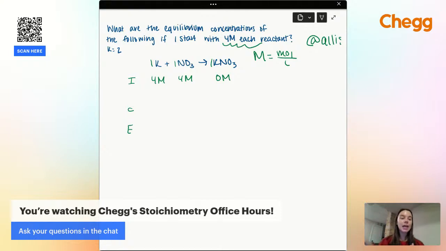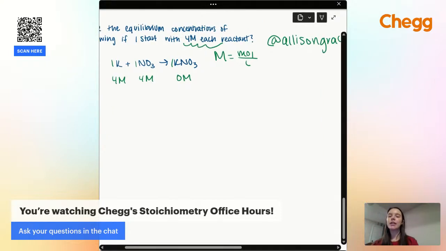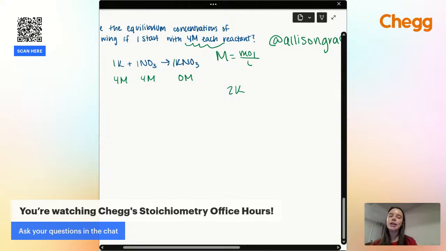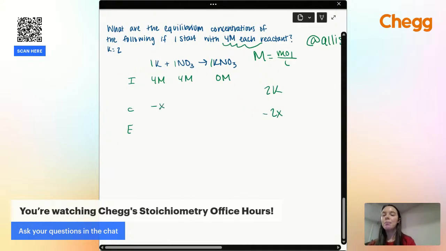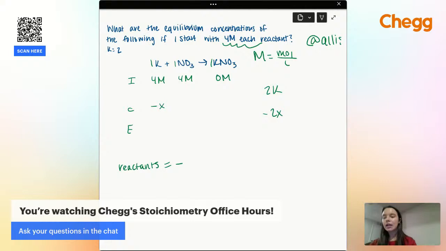Now I need the change. If there were coefficients, so let's say this was 2K, my change would be minus 2x. Since the coefficient is just 1, it's just a minus x. Reactants always have minus signs, products are plus.